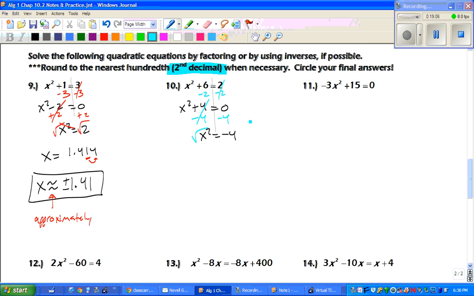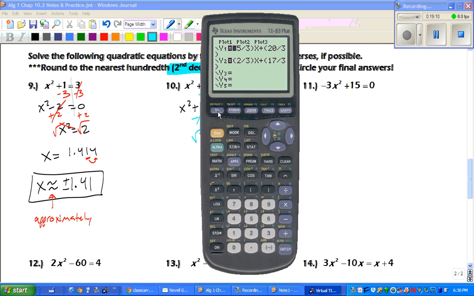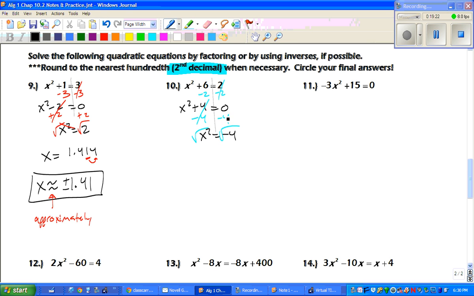And now the next thing to do would be to square root. And can I take the square root of a negative number? Let's see, second quotes. For those of you who think you can. Non-real answer. Okay, this is when you know that x is no real solution. Okay?